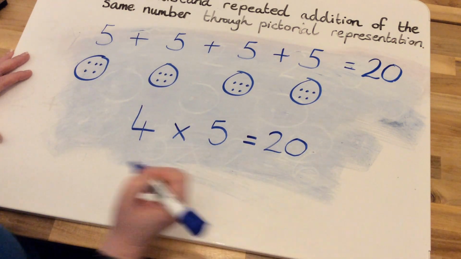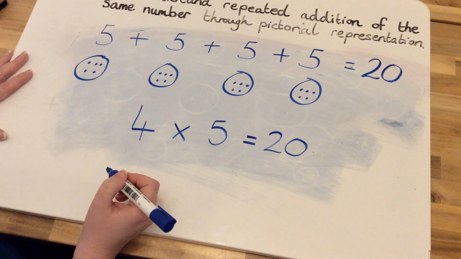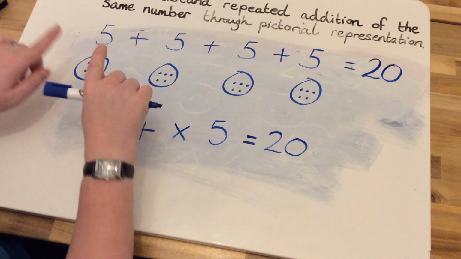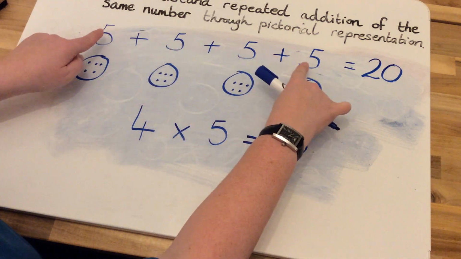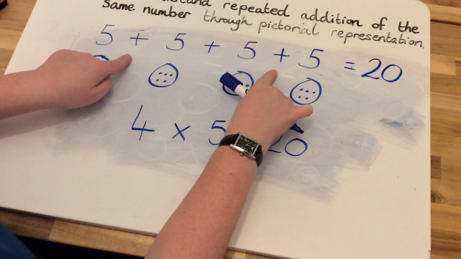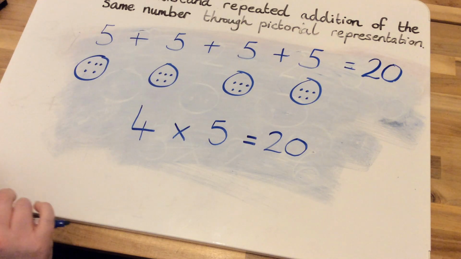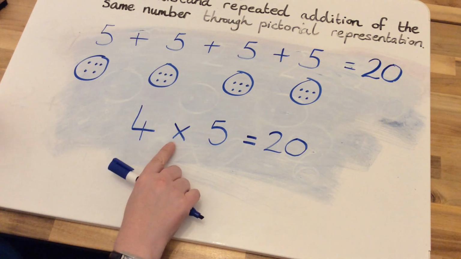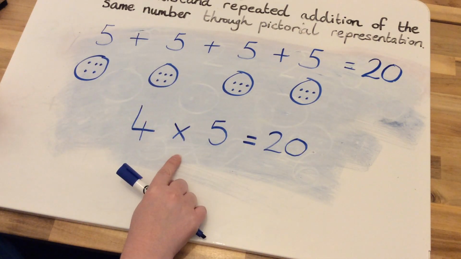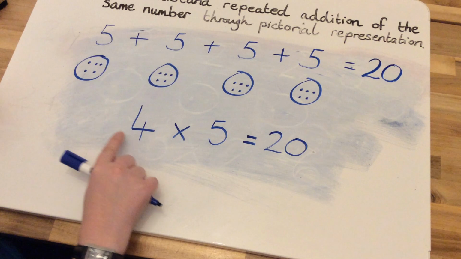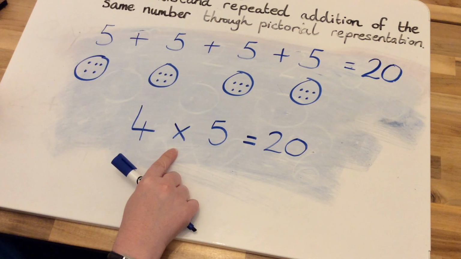Okay, so today, children, your job is only to draw the pictures to match the sums that use the add signs. If you want a challenge, you can have a go at using the multiplication sign, but please don't worry if you're not ready, because we're going to have another little look at that tomorrow.